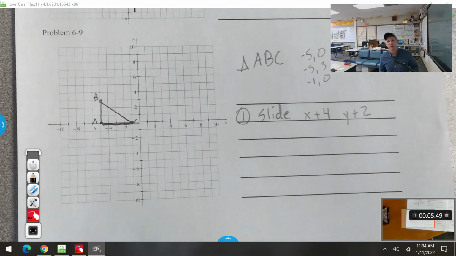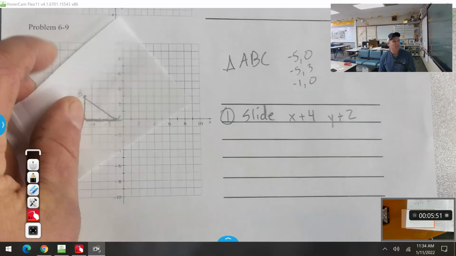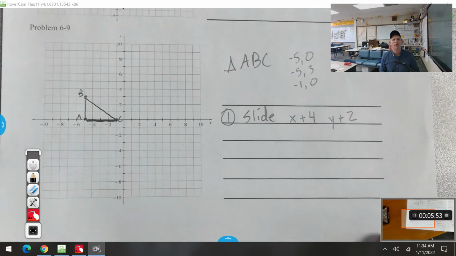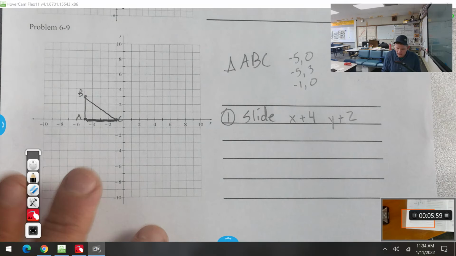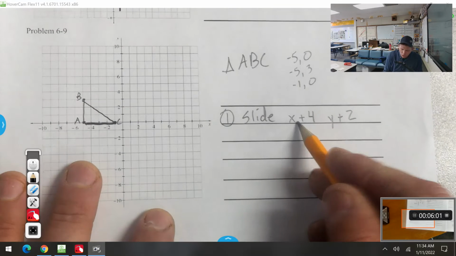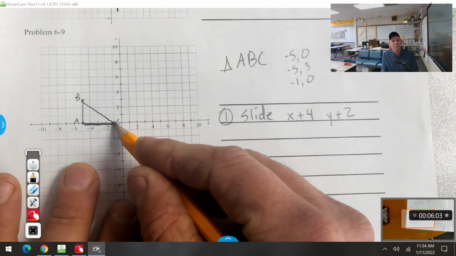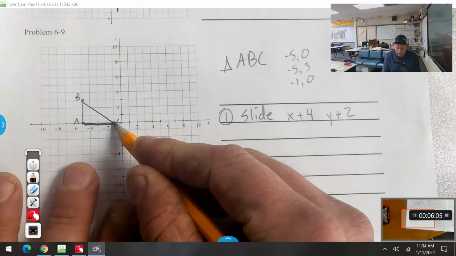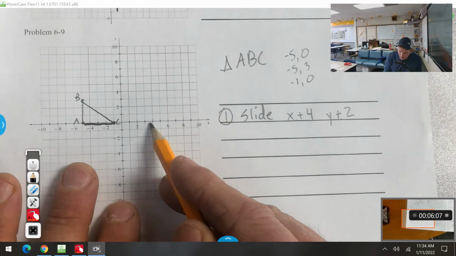Now, in class we use something called parchment paper, but I'm going to teach you how to do it without the parchment paper. So here we go. I'm going to do a slide x plus 4. I'm going to pick this point C because it's leading the way. I know I'm going to go right and up.